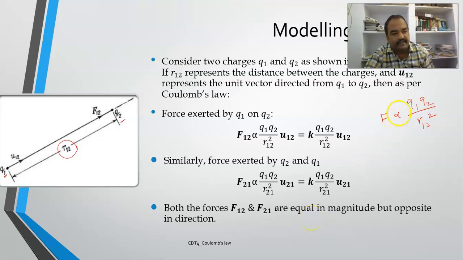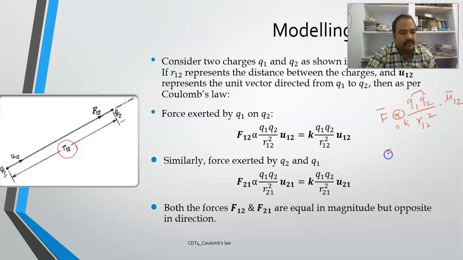Instead of a proportionality constant, I can use K. So F is equal to K Q1 Q2 by R12 square, and the direction will be along the line of the charges. If U is a unit vector along the line of charges, this is the formula for the force exerted by Q1 on Q2.